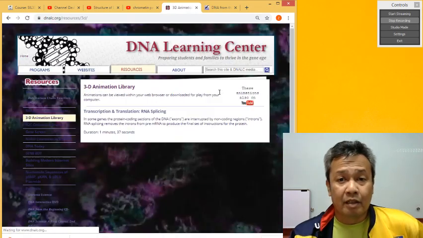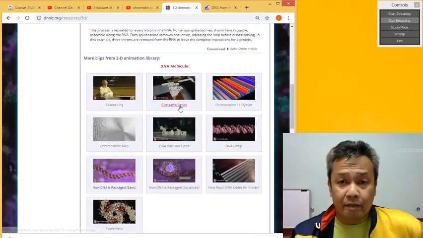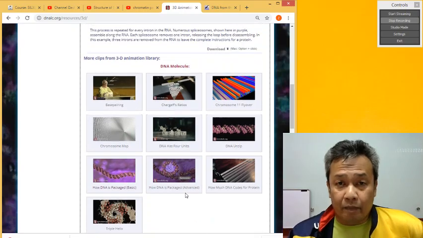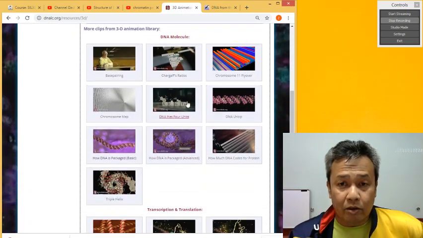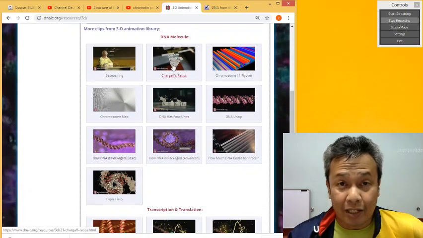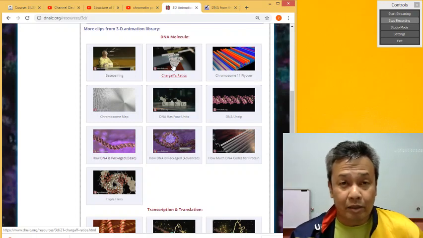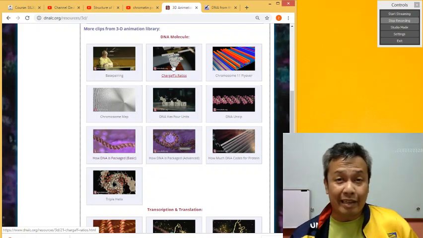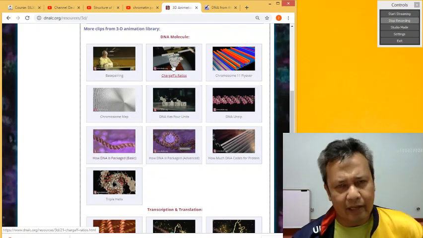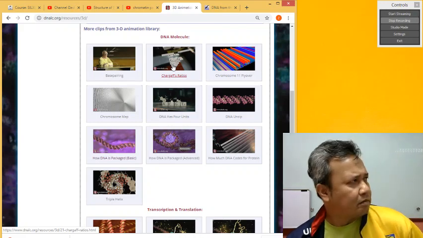In this part of the website, there you go, it explains what Chargaff's ratios are. Remember Chargaff's ratio? Chargaff is the person who separated the bases and found that there is a link between A's and T's and G's and C's. If you don't remember that, you can have a look at it.